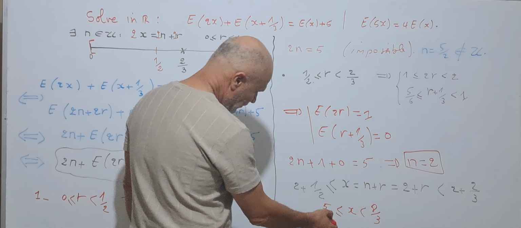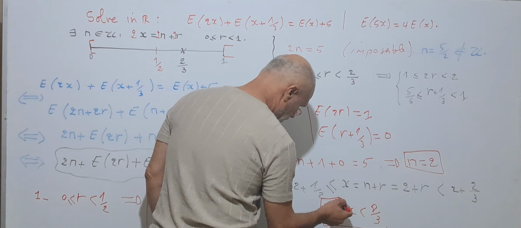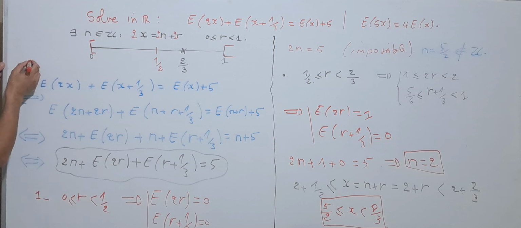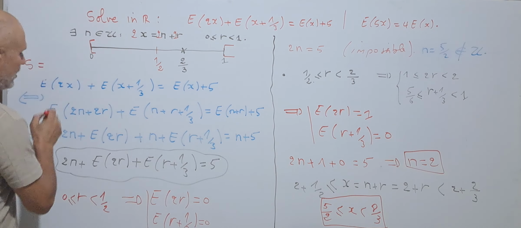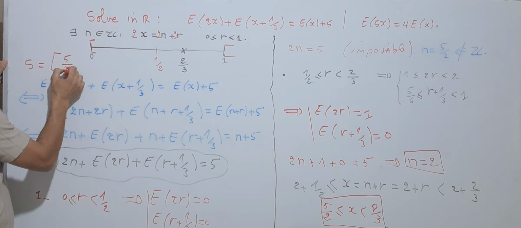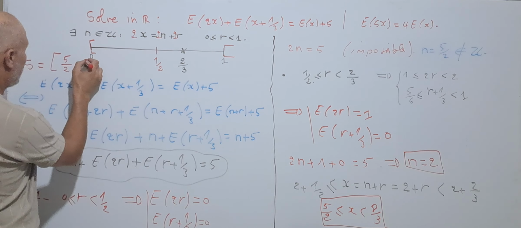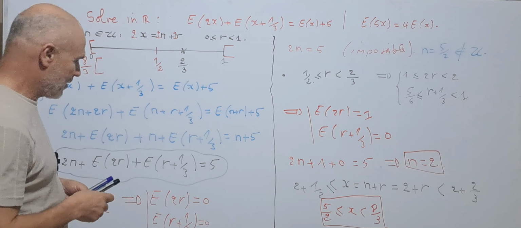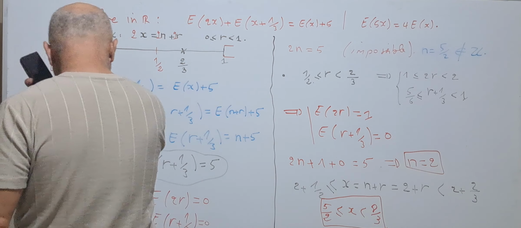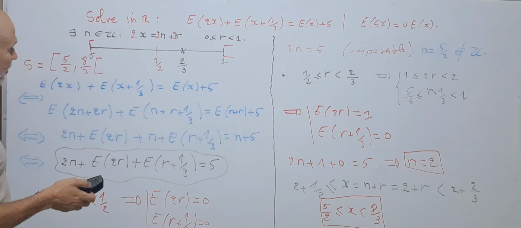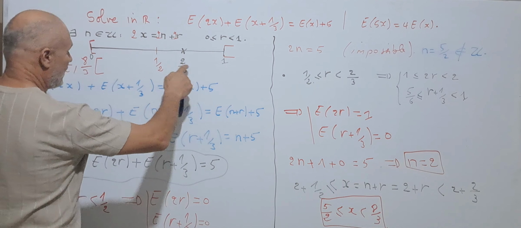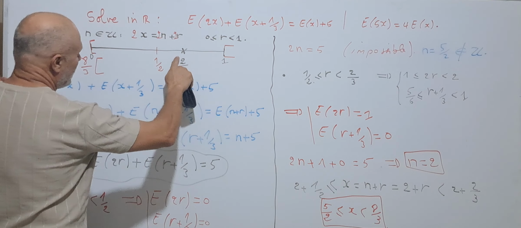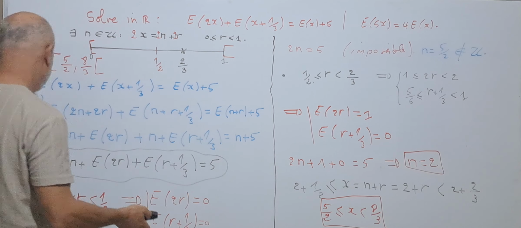So from here we can write that the solution is equal to the interval 5/2, 8/3 open. Let us move to the last case. The last case is when r belongs to 2/3, 1, open here and close it here.